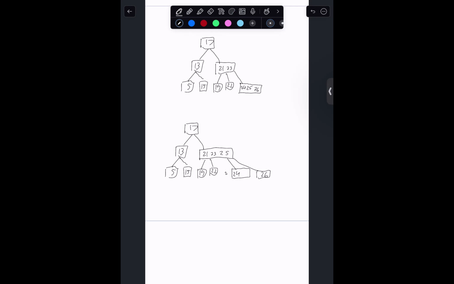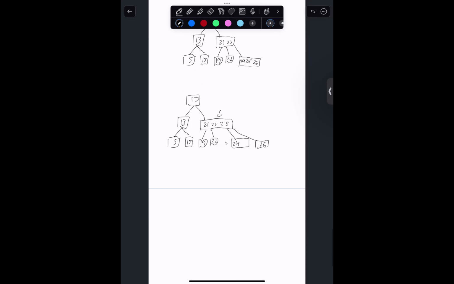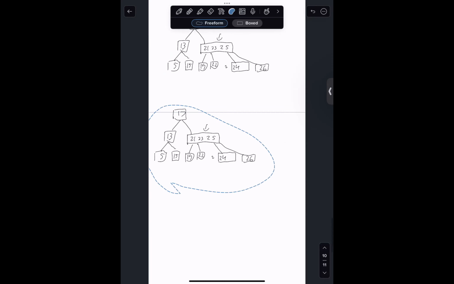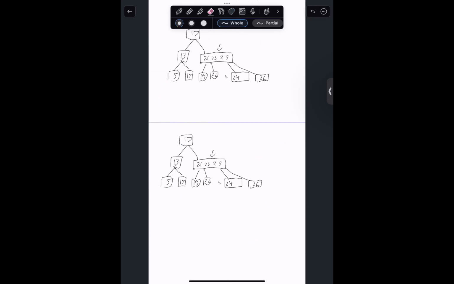and we want to split up the bottom, the other two nodes, to maintain its bushiness. We also recognize that here, this is also overloading. So we'll also move the number 23 up because that is the middle value.